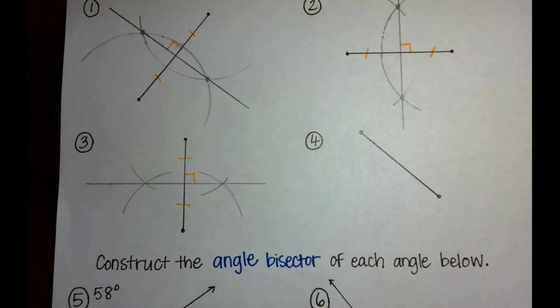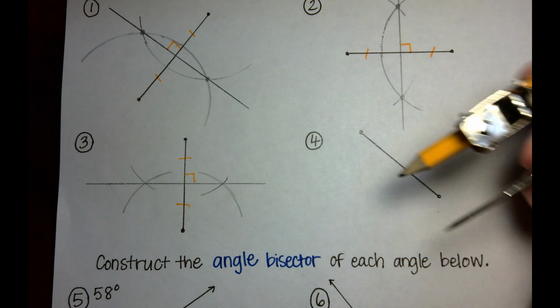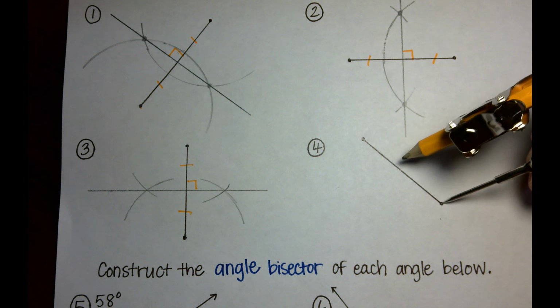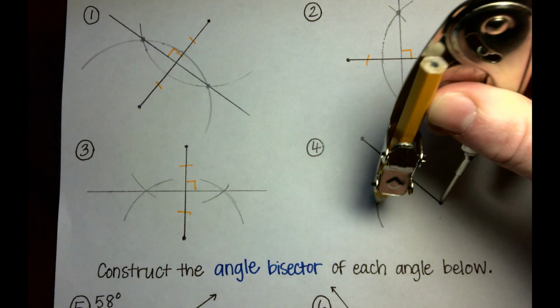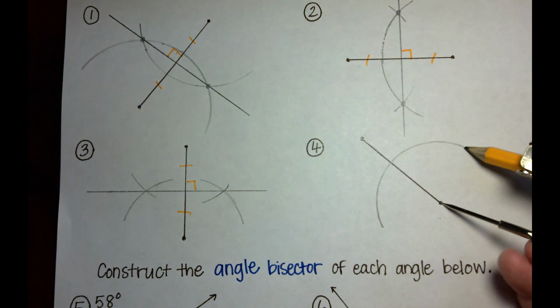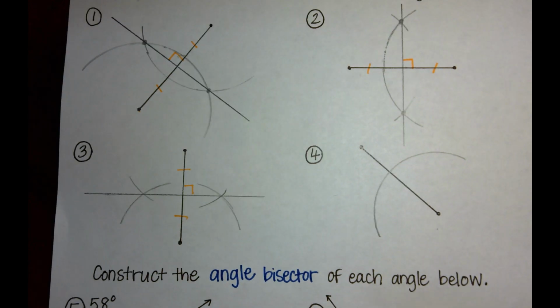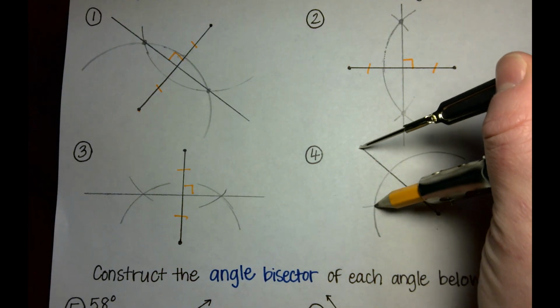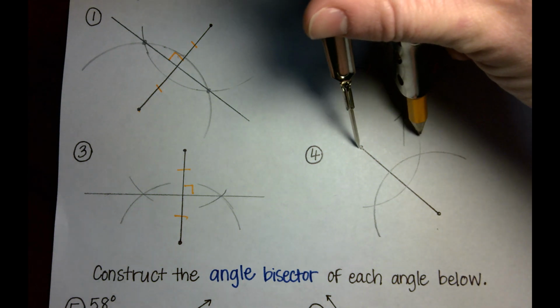Okay. Now let's do that very last one here. Same process as the other three. I pick a point to start on. Make my big arc. I do another arc from the other point. Ensure that they're crossing.